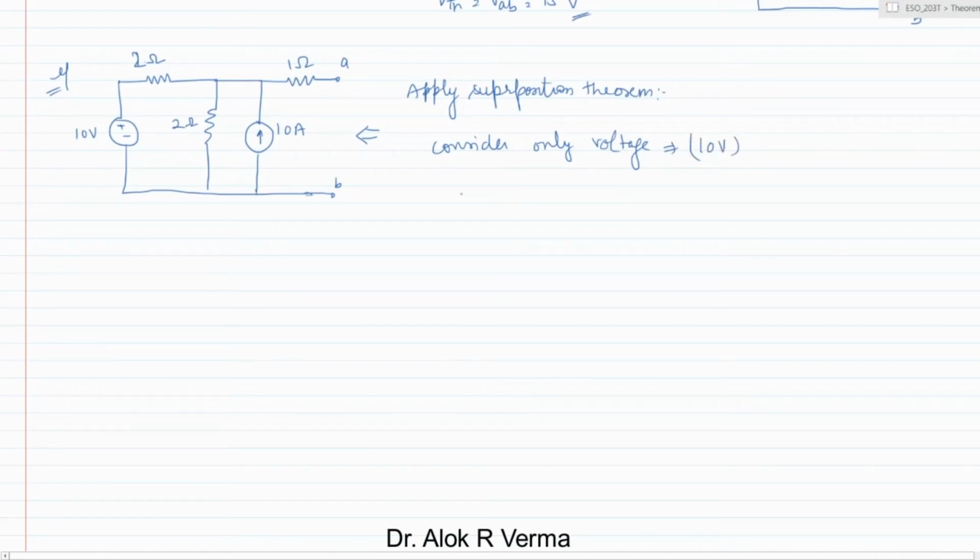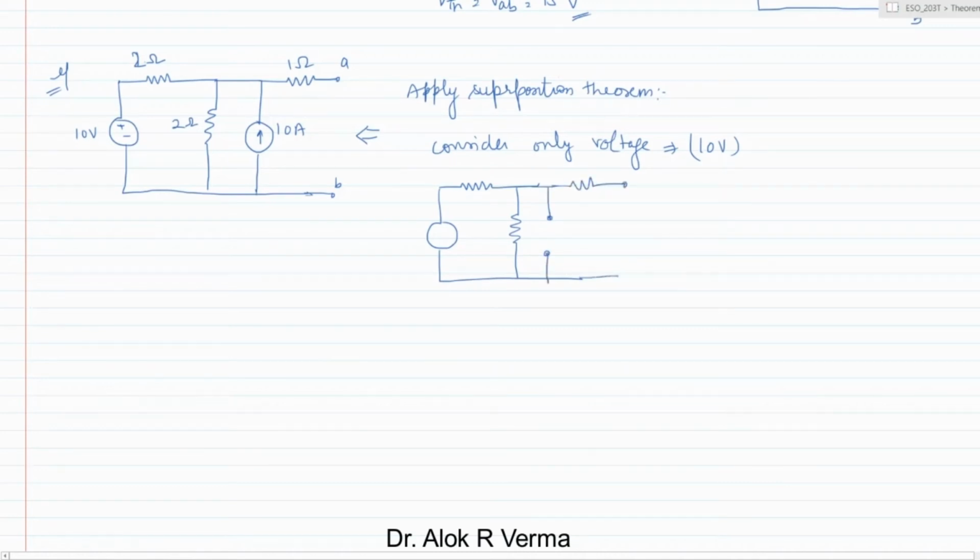So the circuit, if we redraw, it is nothing but this. This will be open circuit, so no current will flow.